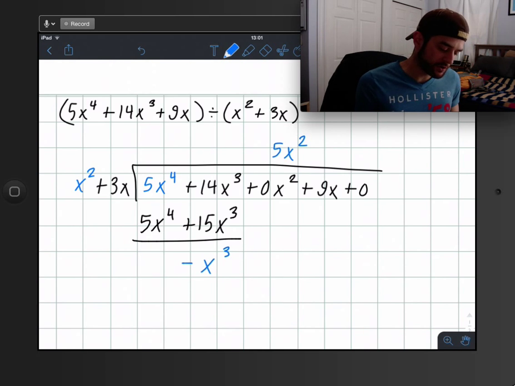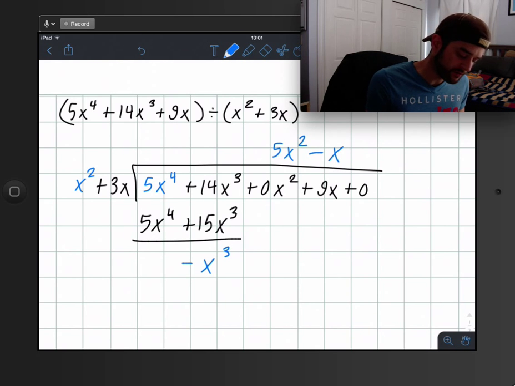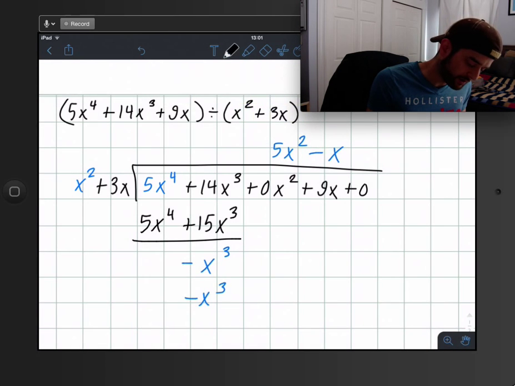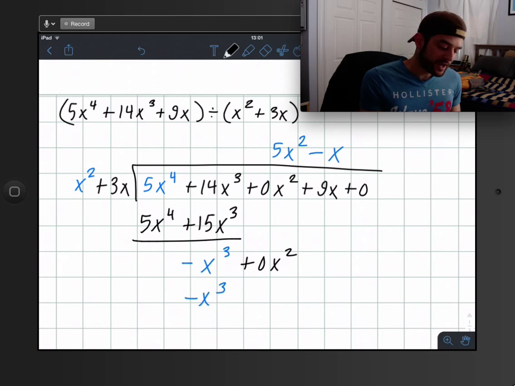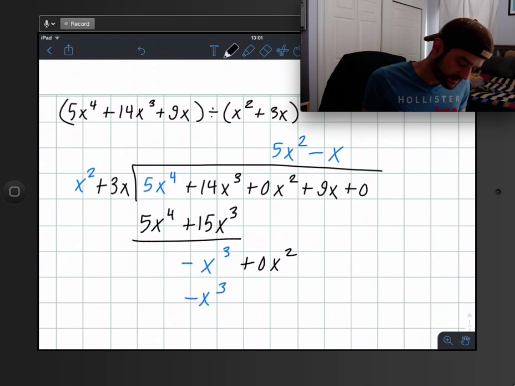So now I need to multiply something by x squared to get negative x cubed. Well, that's negative x. So negative x times x squared is negative x cubed. Oh, I forgot to drop down the 0x squared. So negative x times x squared is negative x cubed. Negative x times 3x is negative 3x squared.